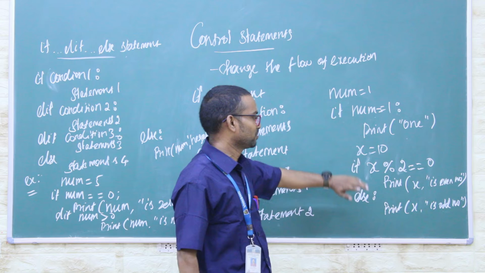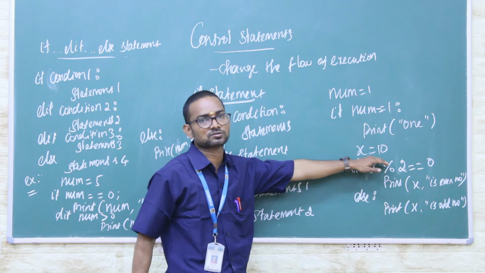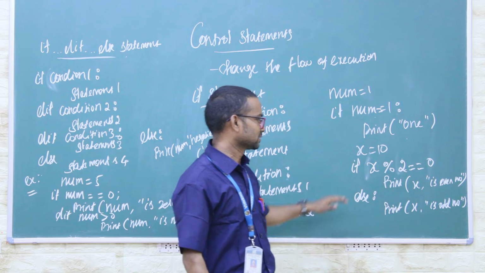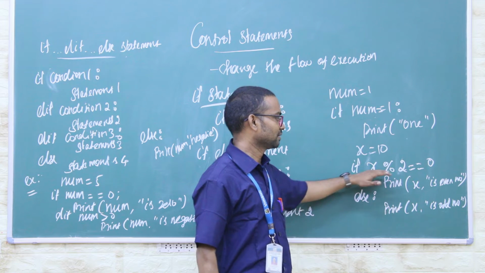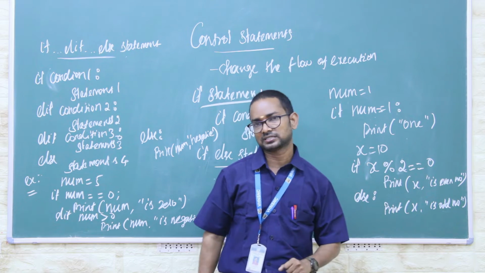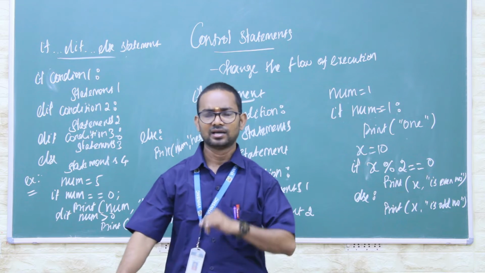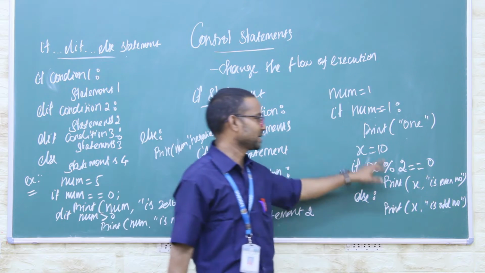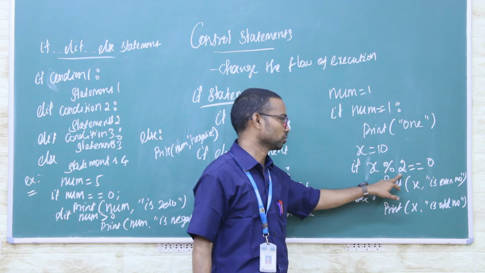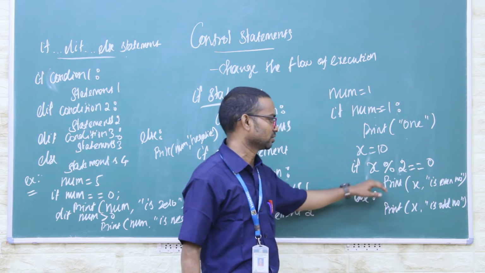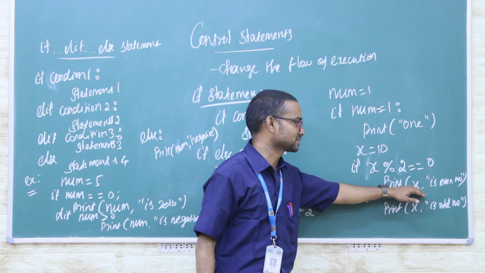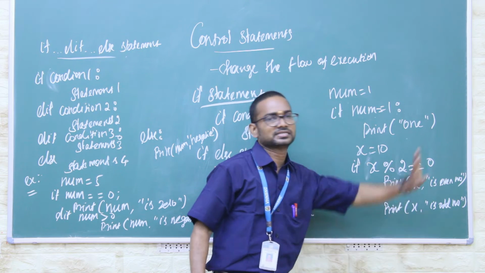This is an example of an if-else statement. Assign the value 10 to the variable x. If x modulo 2 double equal to 0. The purpose of the modulo operation is that it gives the remainder. 10 modulo 2 gives a remainder of 0, so the statement prints the output: x is 10, an even number.